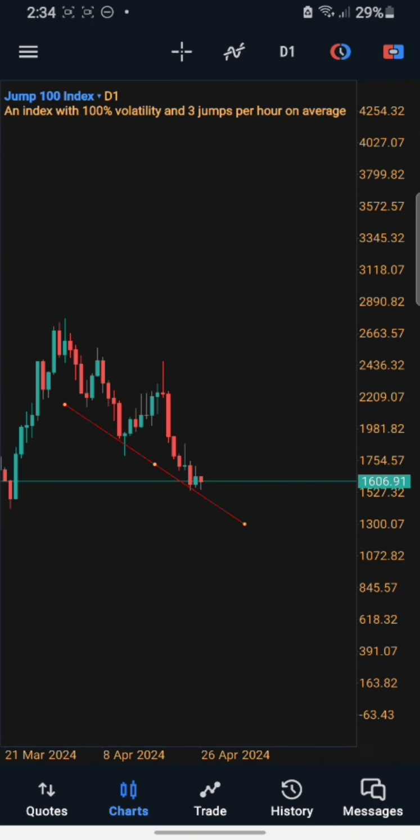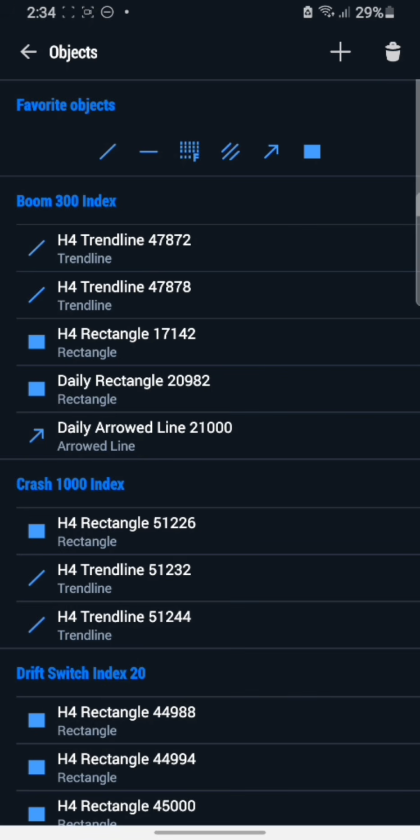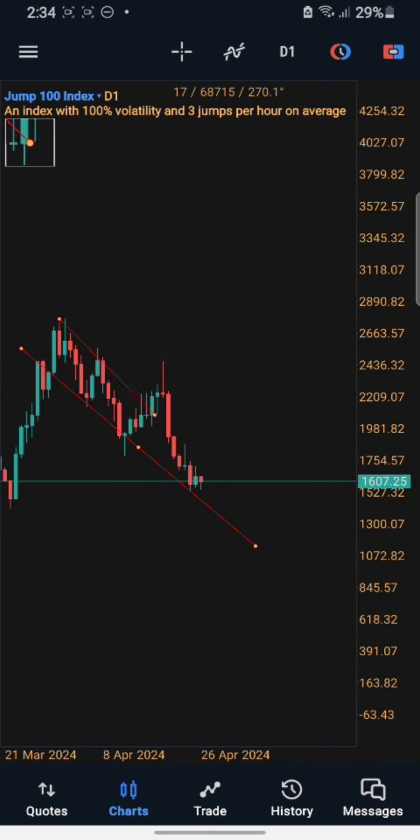So as always, the first thing that we do is we draw the trend lines. Then we put another line.